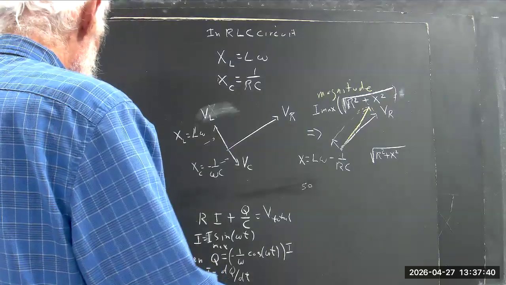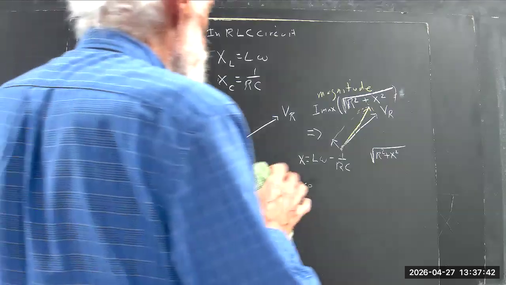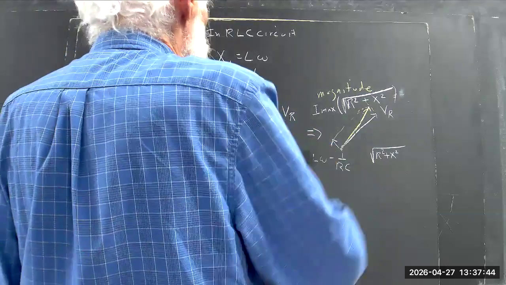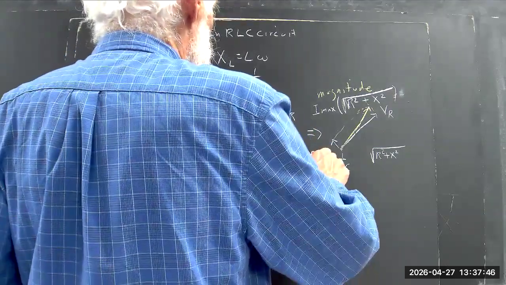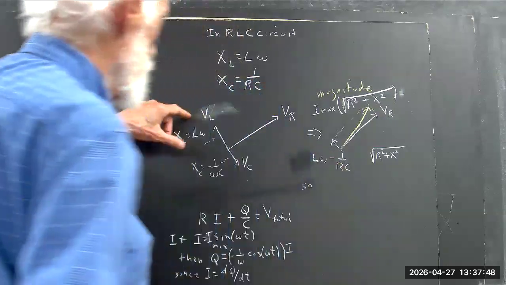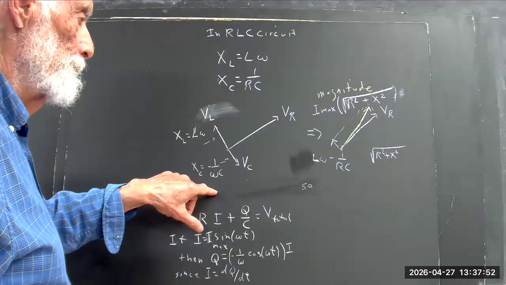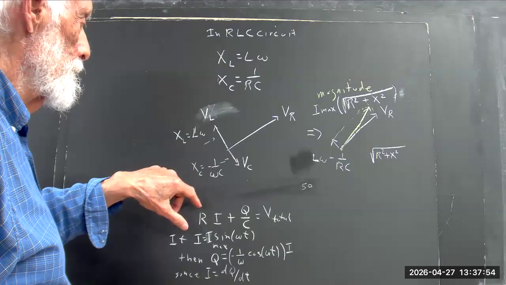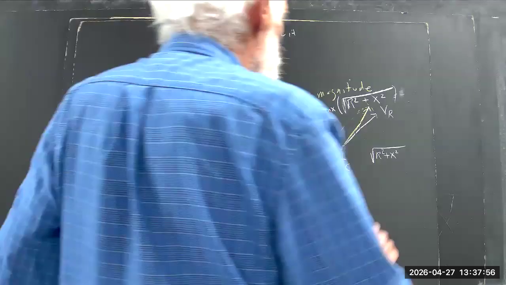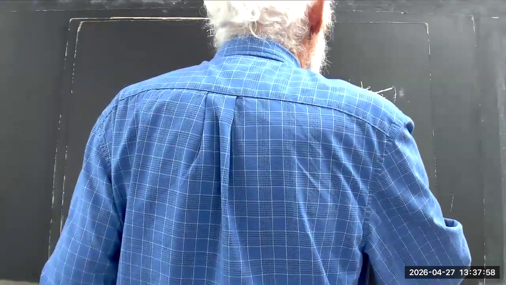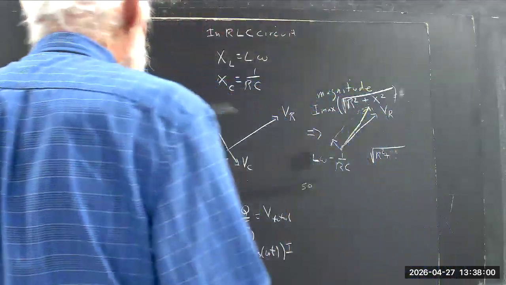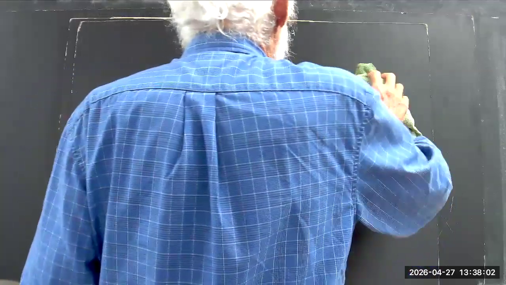I don't have a good notation for what this is. I'm just going to say you've got L omega minus 1 over omega C. I'm going to redo this.